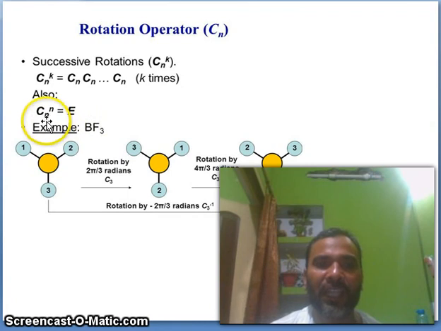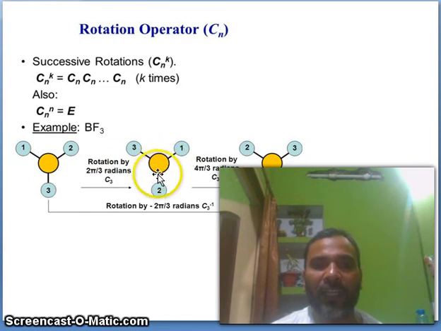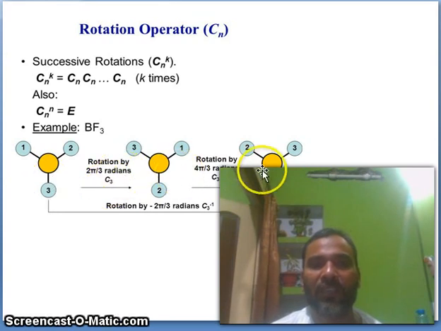If this n and this n are the same, then you will get the identity. What does it mean? You have C3, you did it with this molecule, you come to here. Again after doing C3, you get this one. So C3, now C3 squared, and if you do it further, then C3 cubed means identity, E.